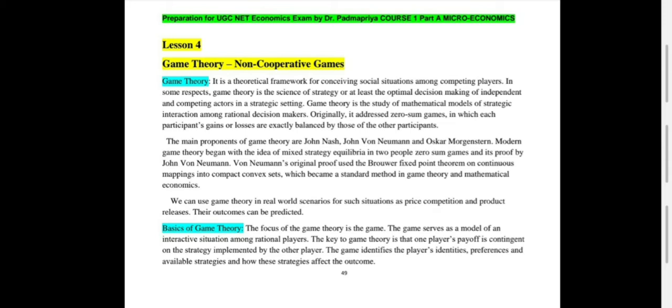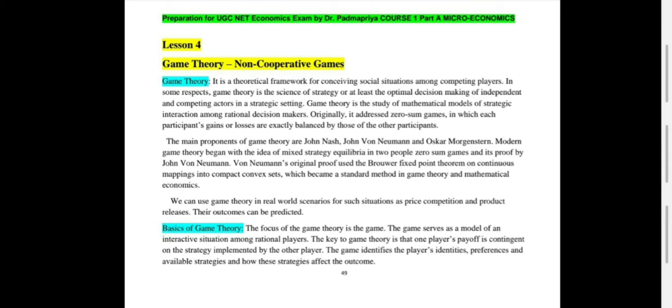Now, what is the basis of game theory? The focus of game theory is the game. The game serves as a model of an interactive situation among rational players. The key to game theory is that one player's payoff is contingent on the strategy implemented by the other player. So, what the first player will get is based on the strategy implemented by the other player.